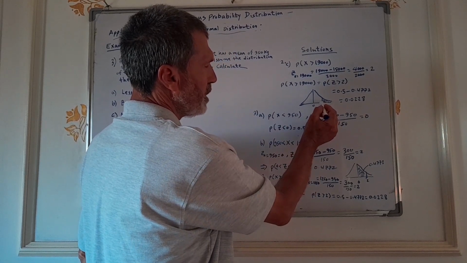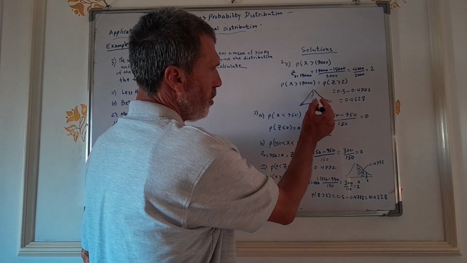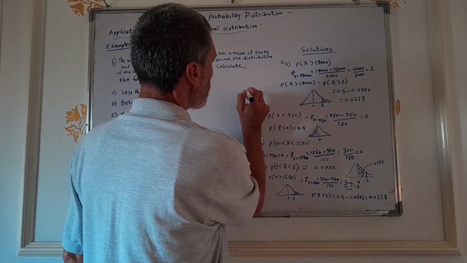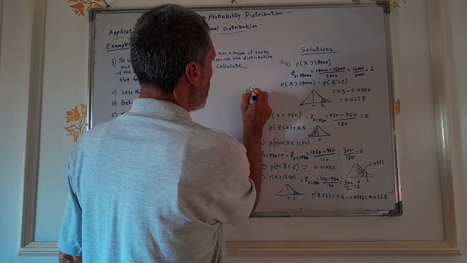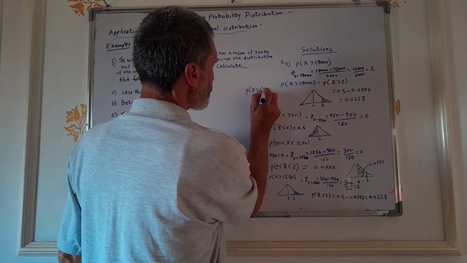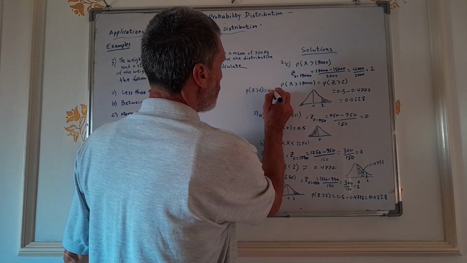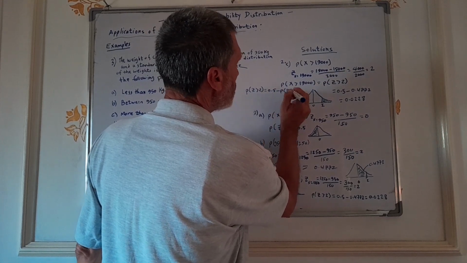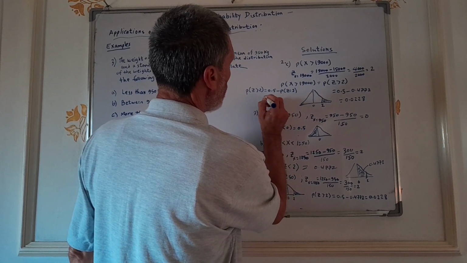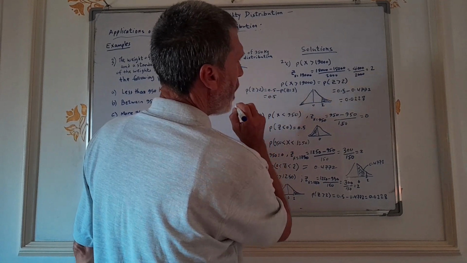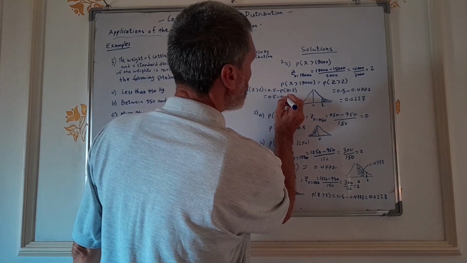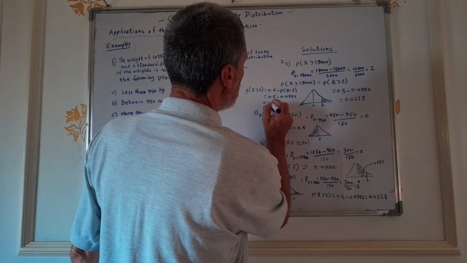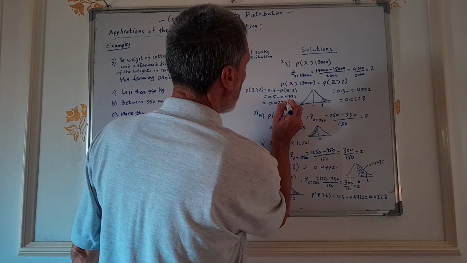So the probability of z greater than 2 is equal to 0.5 minus the probability of z equal 2, which is 0.5 minus 0.4772, which is equal to 0.0228.